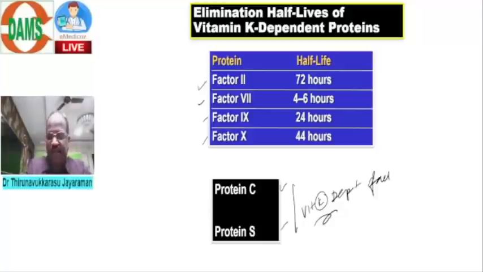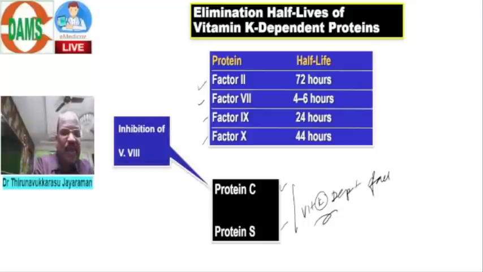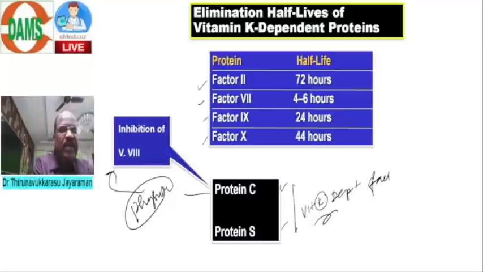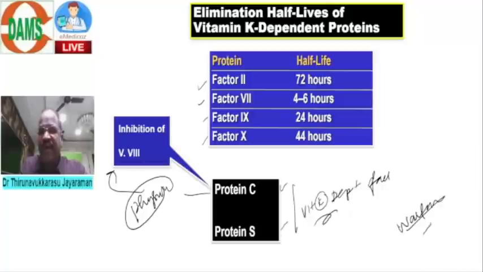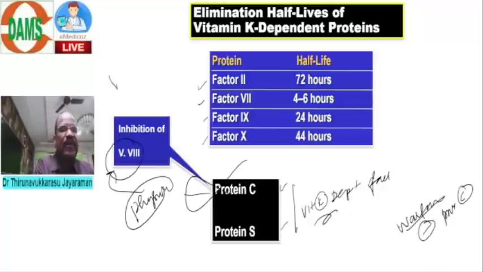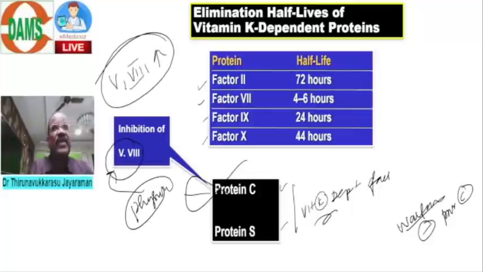Physiologically, the normal action of protein C is inhibition of factors 5 and 8. If protein C physiologically inhibits factors 5 and 8, and I give warfarin, warfarin inhibits protein C also. When you inhibit protein C, the levels of factors 5 and 8 will increase. These are clotting factors causing hypercoagulation.